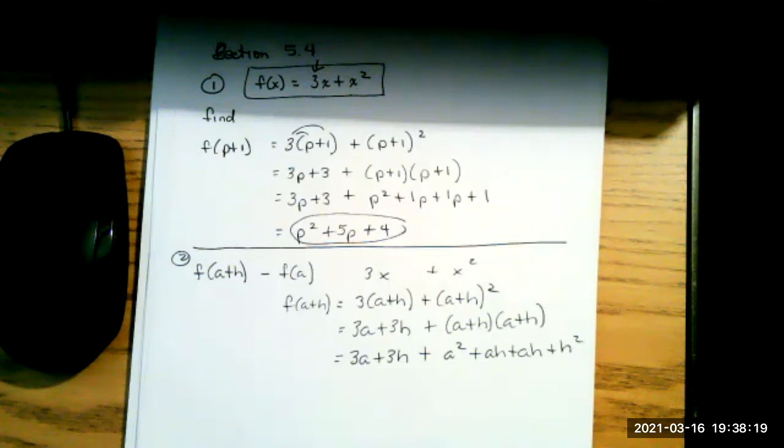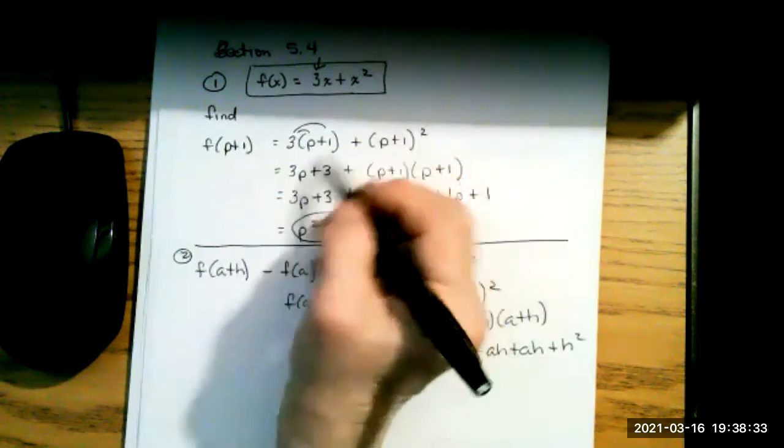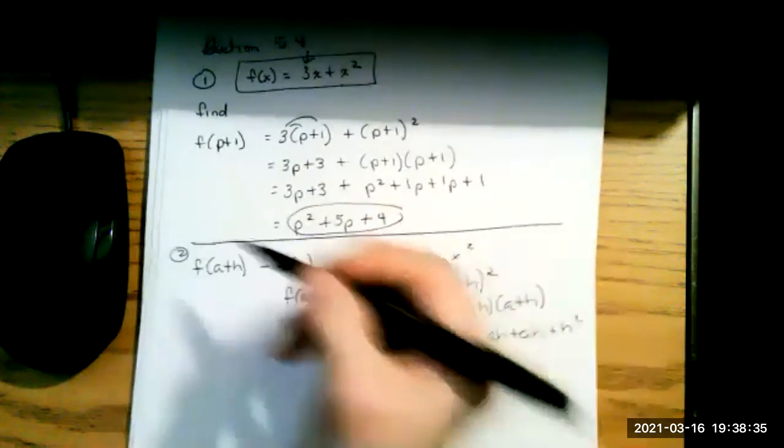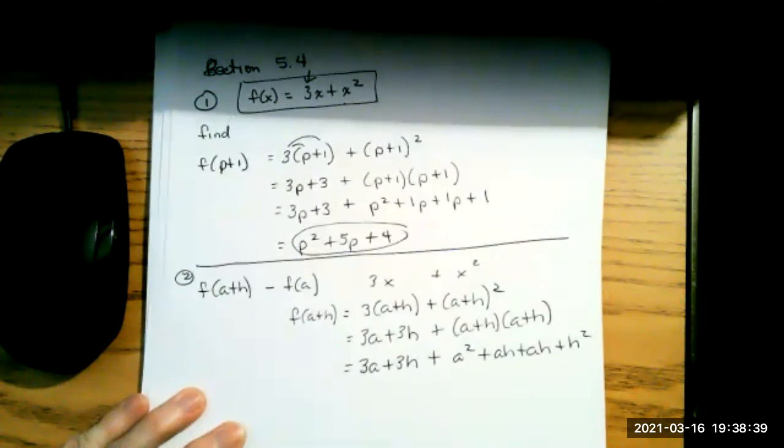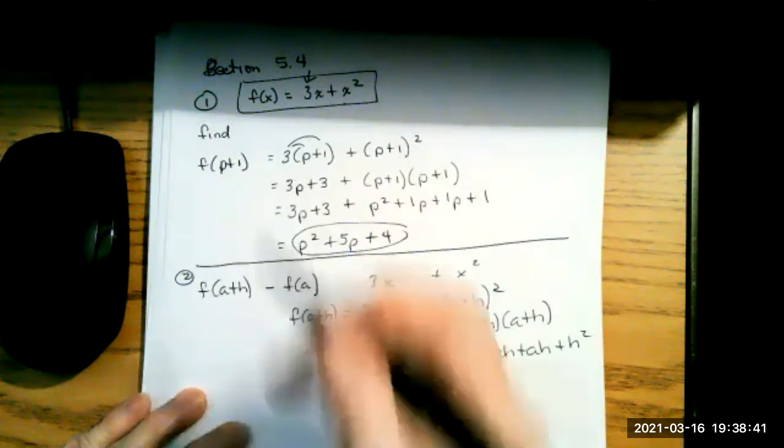Okay. I'm confused again. I think I'm getting confused because we've already done that first part up there. But what is that, like the f times a plus h?